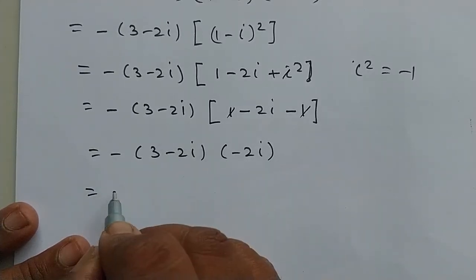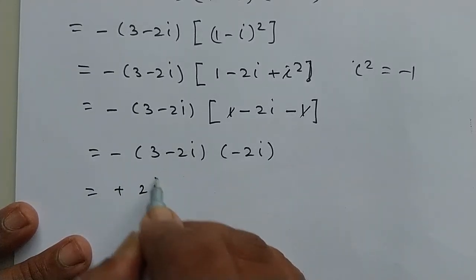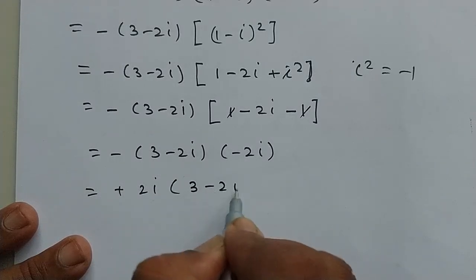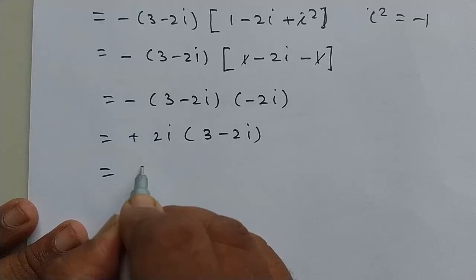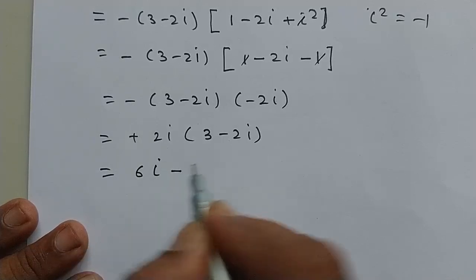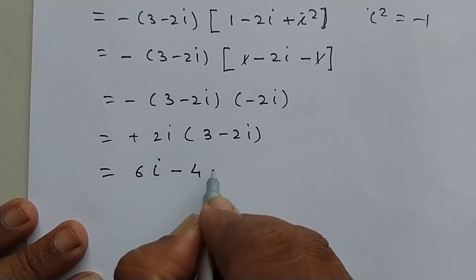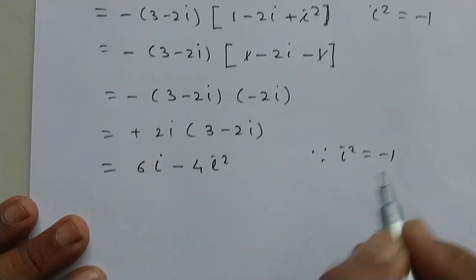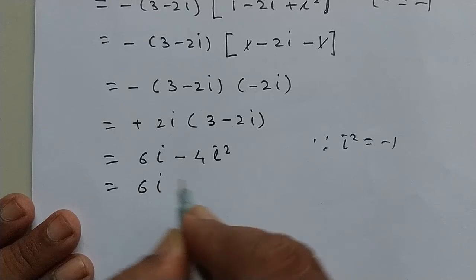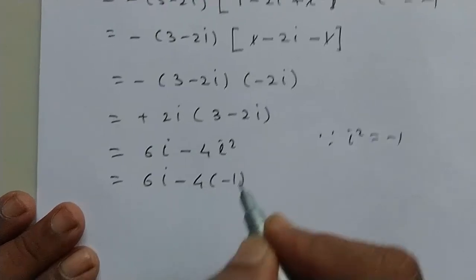Minus minus become plus, we multiply 2i into (3 minus 2i), which is equal to, multiplying 2i inside the bracket, 6i minus 2 into 2, 4, and i square. Again i square is equal to minus 1, so 6i minus 4 into minus 1.